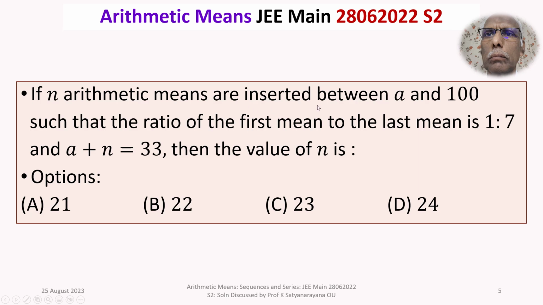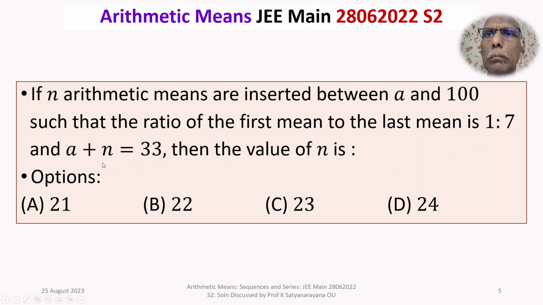So we are given two numbers a and 100, and n arithmetic means are inserted between a and 100 in such a fashion that the ratio of the first arithmetic mean to the last arithmetic mean is 1:7.